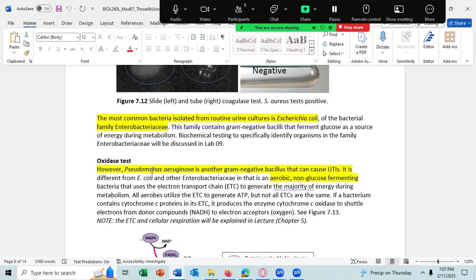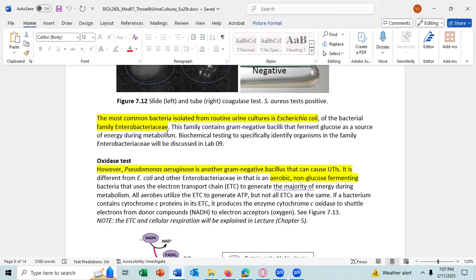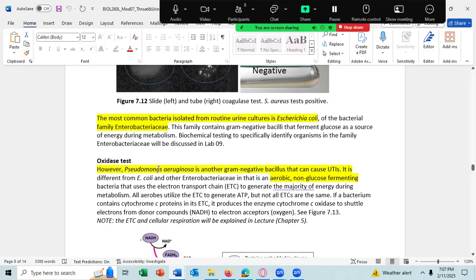You could also, instead of doing the oxidase test, and you don't need to know this for this lab, look at glucose fermenting, because all the members of the Pseudomonaceae family do not ferment glucose, and all the members of the Enterobacteriaceae family do ferment the sugar glucose. All the members of the Enterobacteriaceae family are facultative anaerobes, and all the members of the Pseudomonaceae family are aerobes.